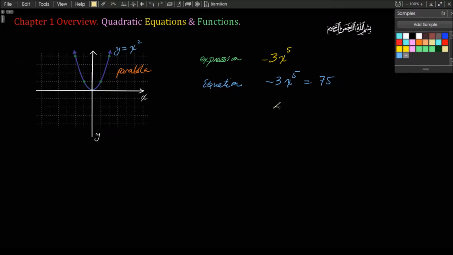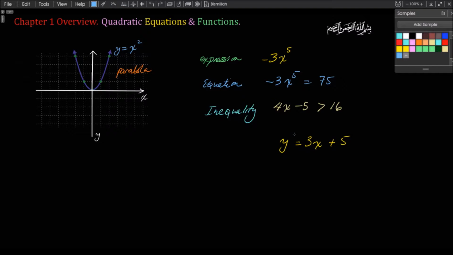How about this one? 4x minus 5 is greater than 16. What do you call this? Now, this is not an equation because there's no equal sign. This would be an inequality. How about this? Y equals 3x plus 5. Now this, of course, is an equation because there's an equal sign, but it's more than just an equation.